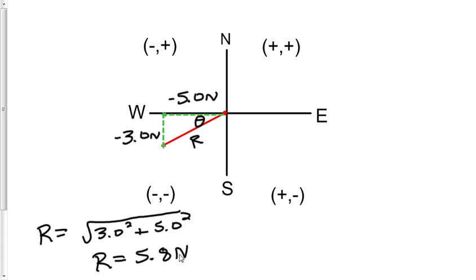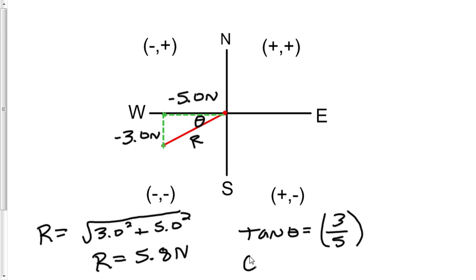Now we're going to use tangent equals opposite over adjacent in order to find the angle. So I say the tangent of angle theta is equal to 3 divided by 5. Notice how I'm not using negatives again. We want the angle, and we will reference our negatives according to the direction.